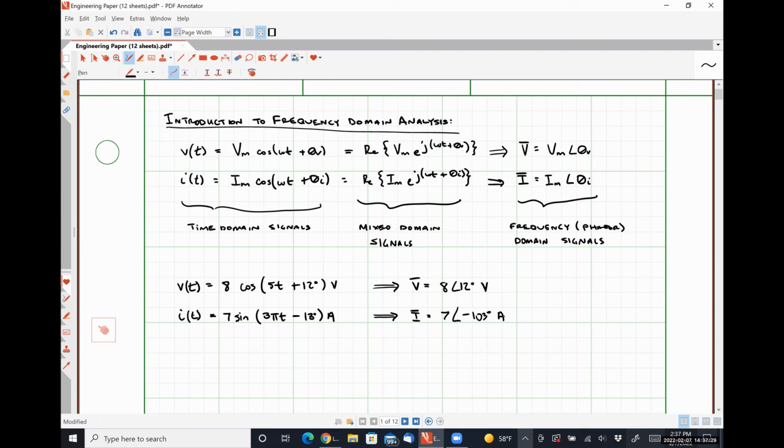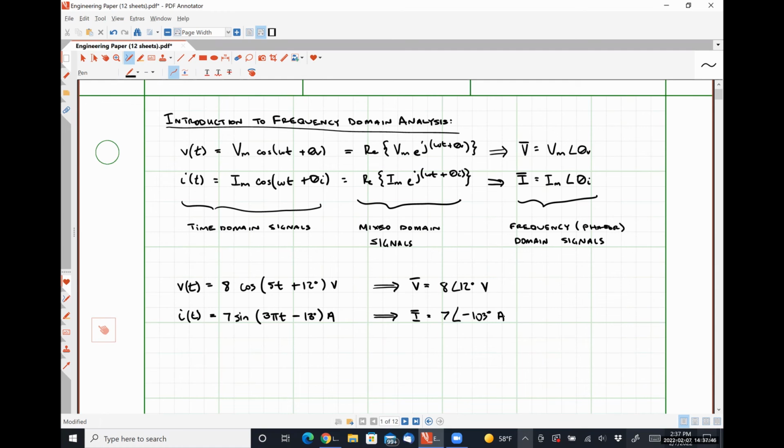So if we're going to work in the frequency domain, we always have to start with cosine signals. And that's because the cosine represents the real part of that mixed domain complex representation.